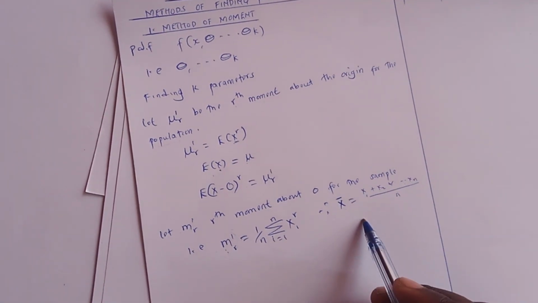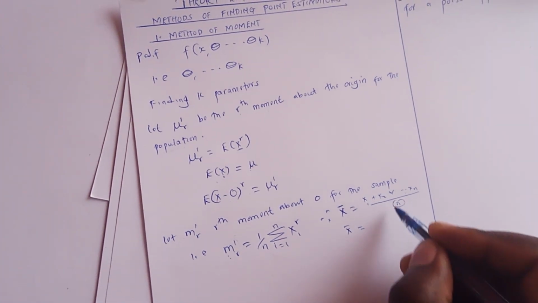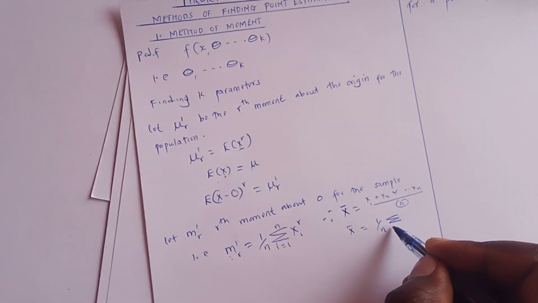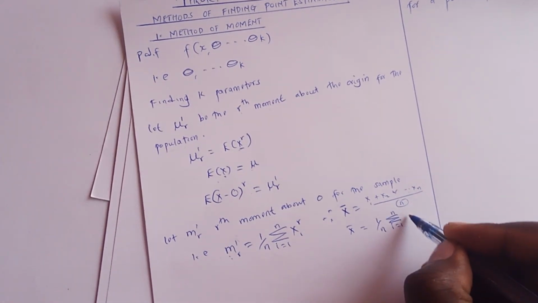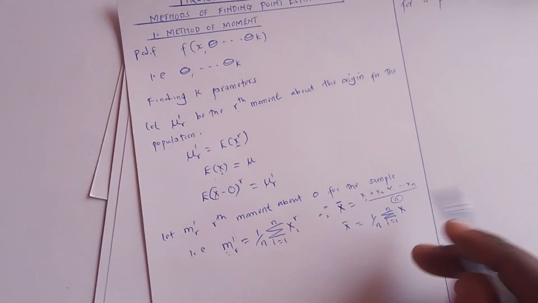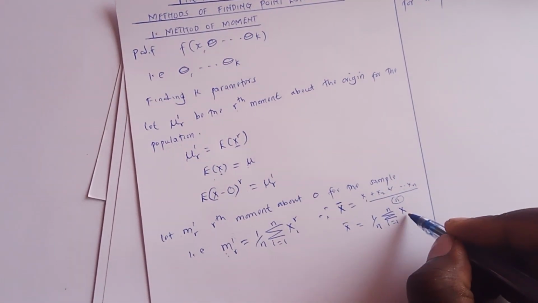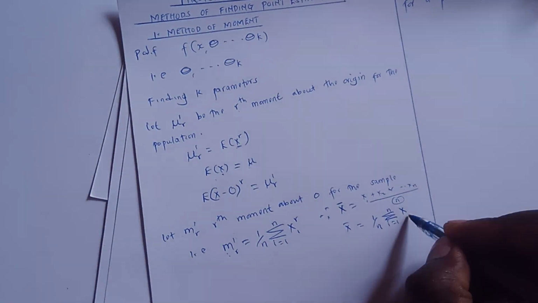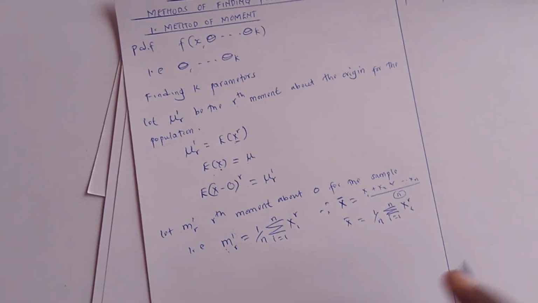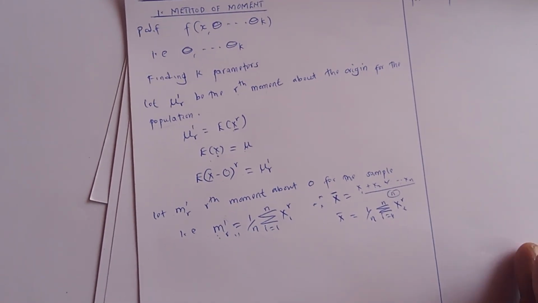So if we rewrite this, we shall have x bar equal to 1 over n times the summation from i equals 1 all the way to n of x i. I hope you have understood that.